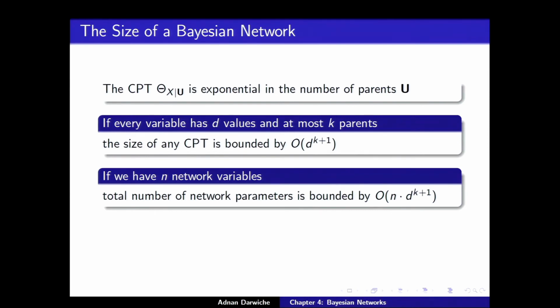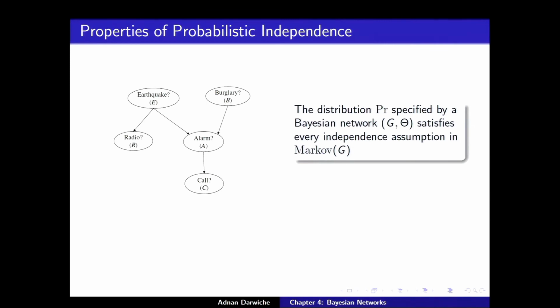It's not necessarily exponential. Now, we have two more topics to cover. They're both about the independence information that is encoded by a Bayesian network. And this story, as I said, has two parts. So the first part is this.